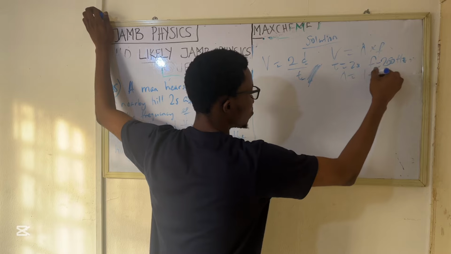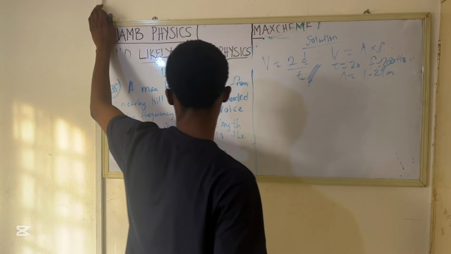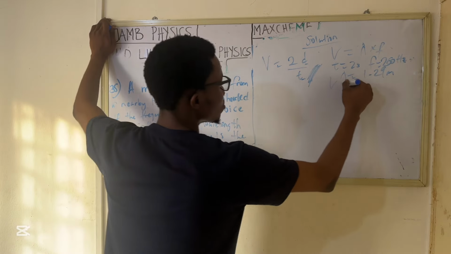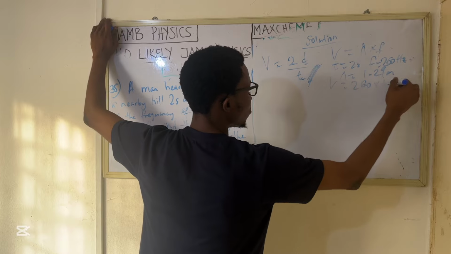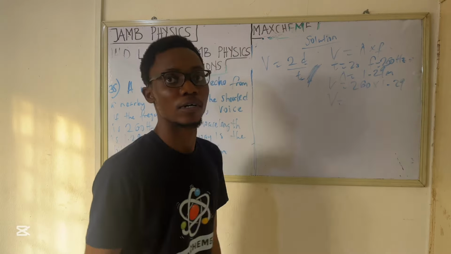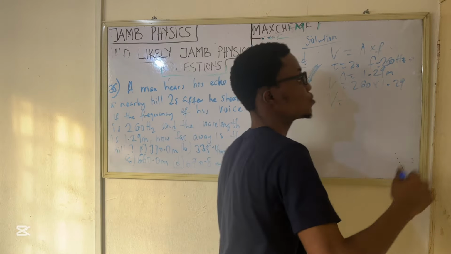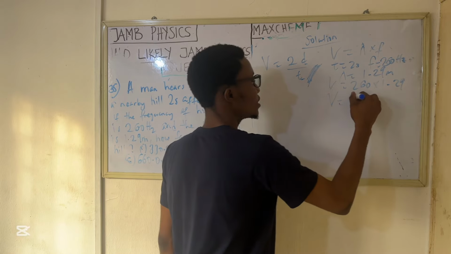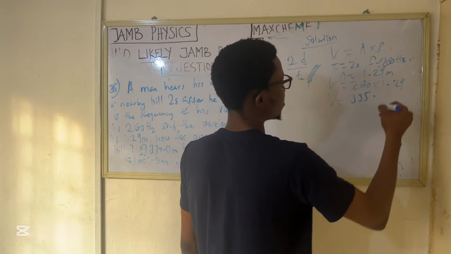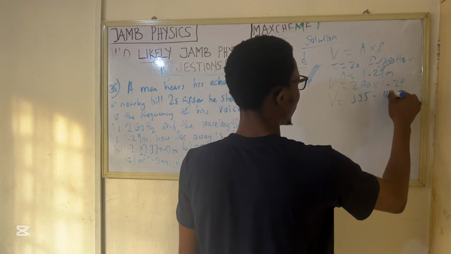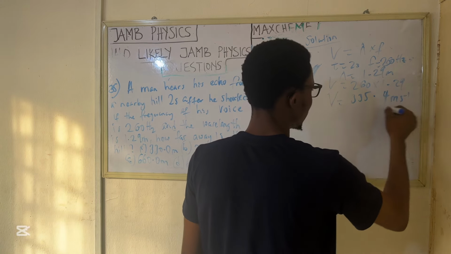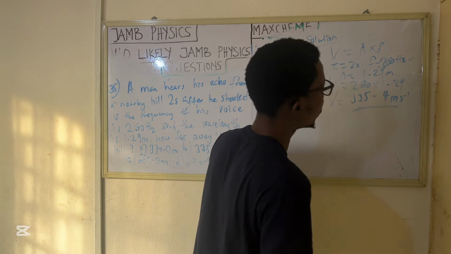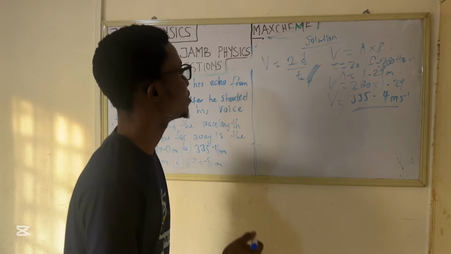So V is equal to 260 times 1.29, which is 335.4 meters per second. That is the velocity of the sound in this scenario.